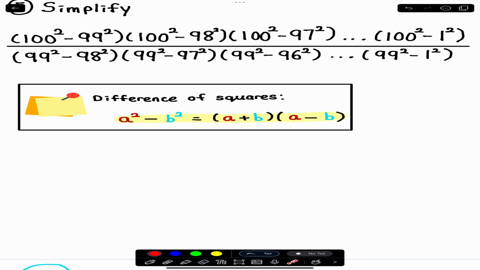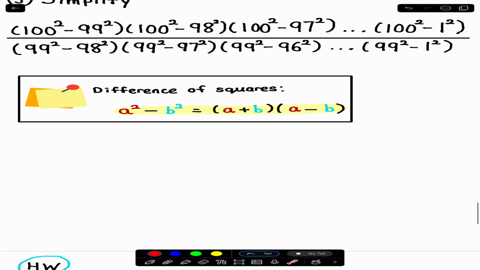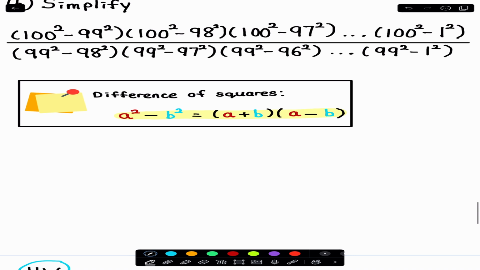Difference of squares says for any number of the form a squared minus b squared, and our problem is literally of this form, we have many terms of that form, you can break that down into a plus b times a minus b. And if that doesn't look like it will help right now, just you wait.